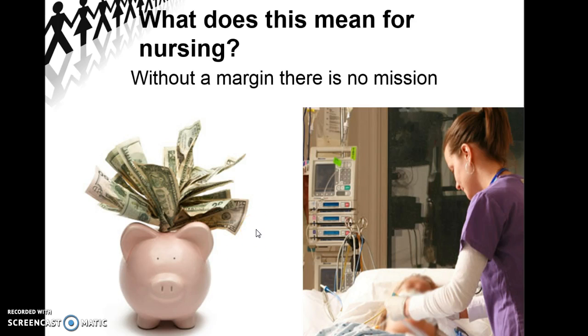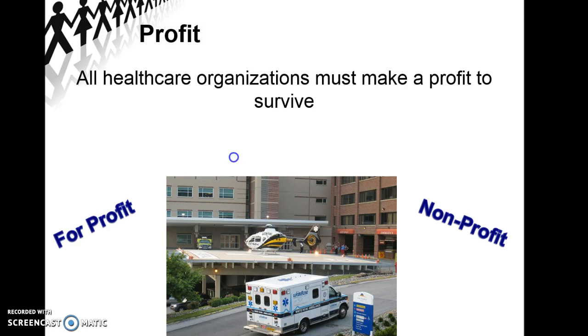And basically what this means for nursing is without margin, there is no mission, meaning whether you work for a nonprofit or a for-profit organization, we all have to make some money in order to stay in business. A for-profit organization will take whatever money they make and give it to their stockholders.